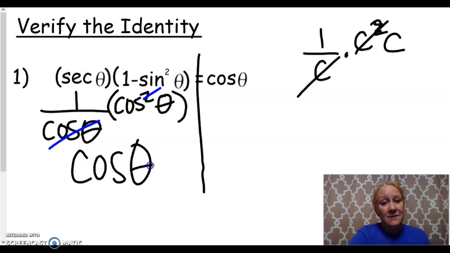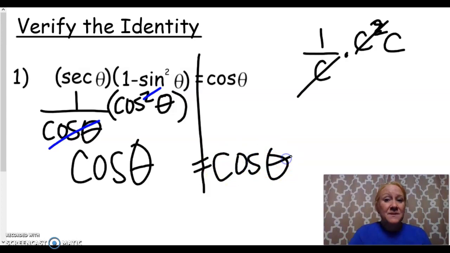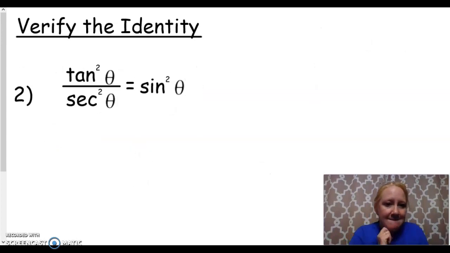And then you write out your cosine equals cosine. So we just take the super gobbledygooky side and make it into the simple side. So fun.